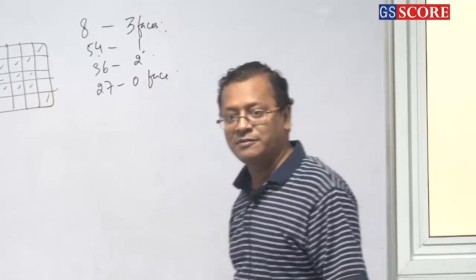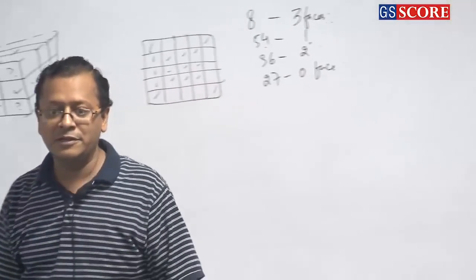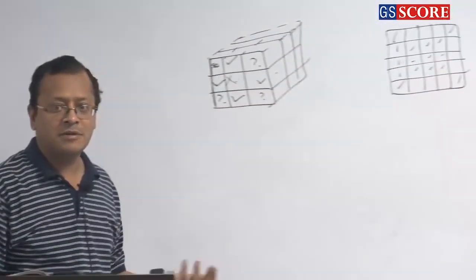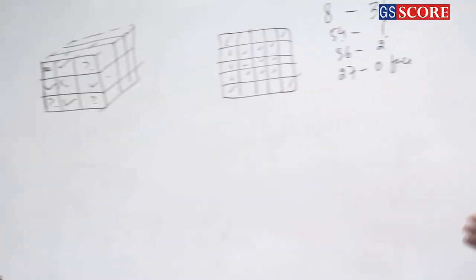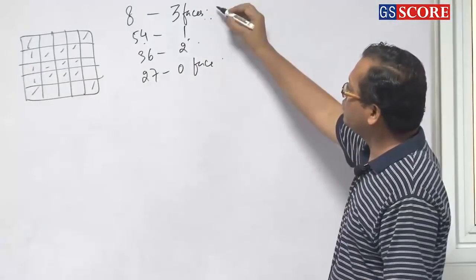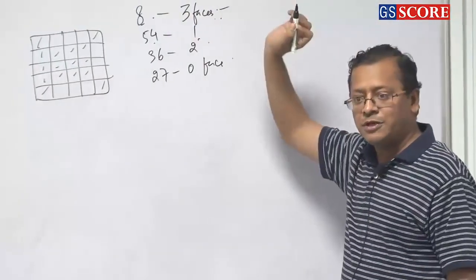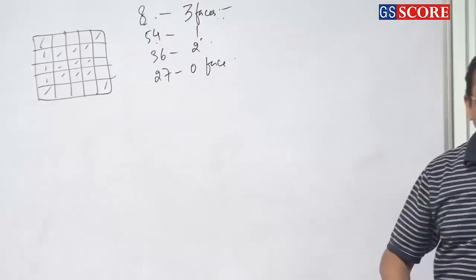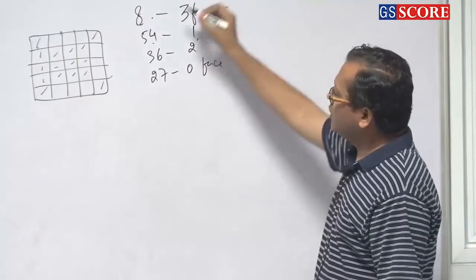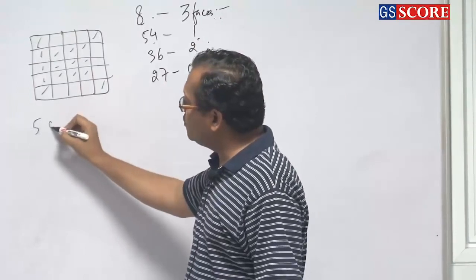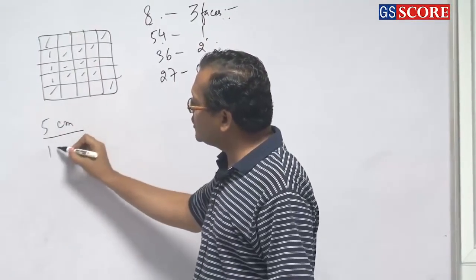Clear or not? Now we will do it by the formula part, okay, because that will help as well, because the situation might change, then you might require it. So for three faces, this is a universal truth, 8 will always be there. Clear or not? Okay. Now you cut a 5 centimeter cube into 1 centimeter cubes.